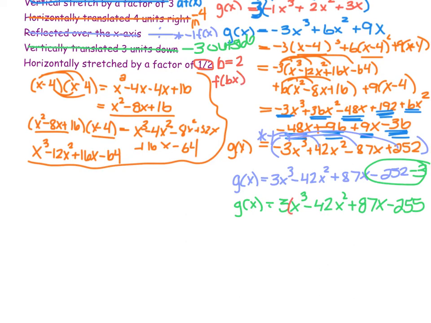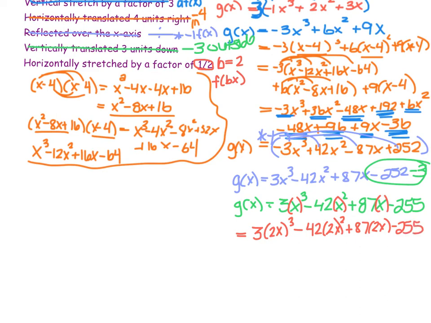So we're essentially going to add in parentheses here, and we're going to multiply that x value by 2. So this is going to become 3 times (2x) cubed minus 42 times (2x) squared plus 87 times 2x minus 255.